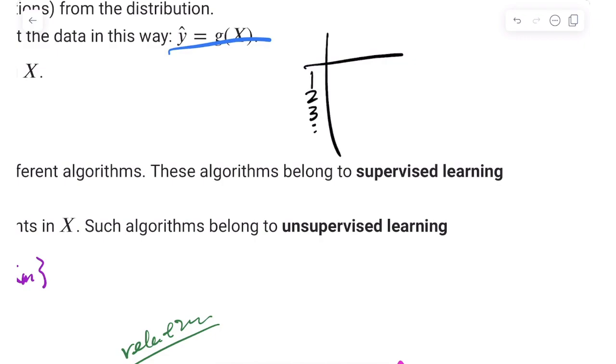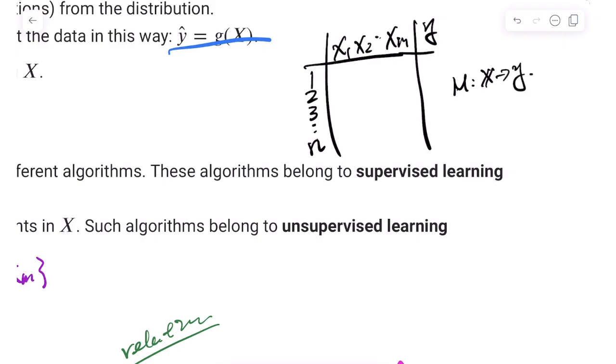It's very classical, right? Several features and it has a y column. For such a table, if we use a model to find the relationship between x and y, such an algorithm is what we call supervised learning.